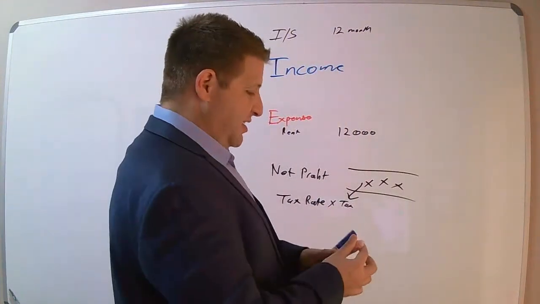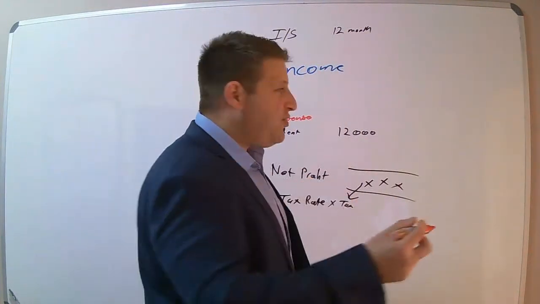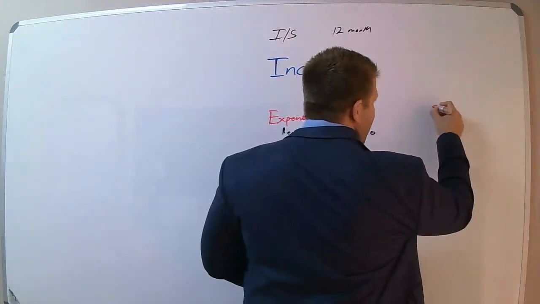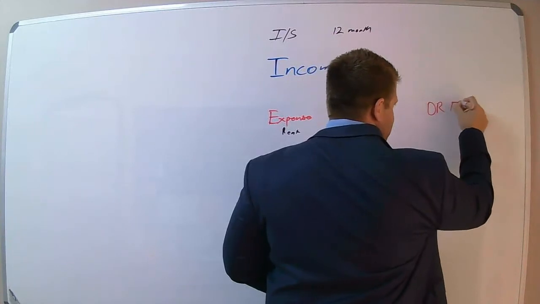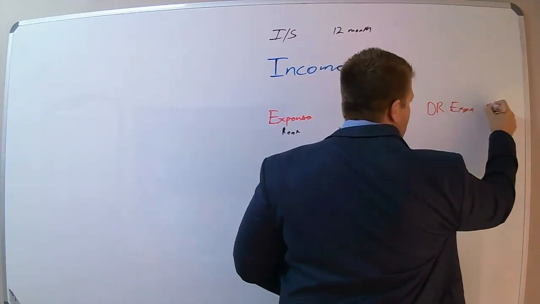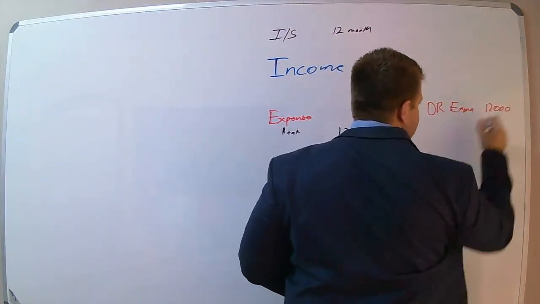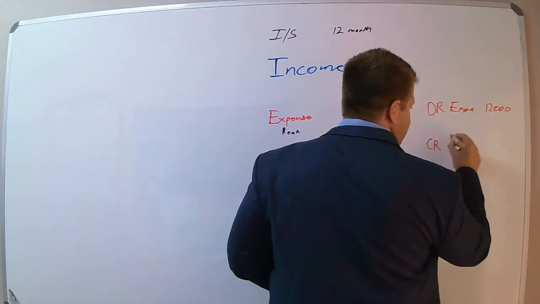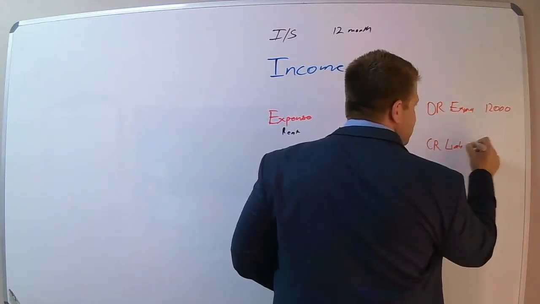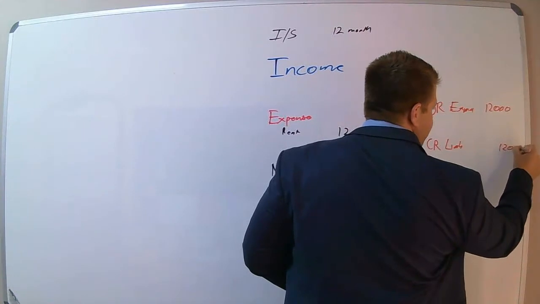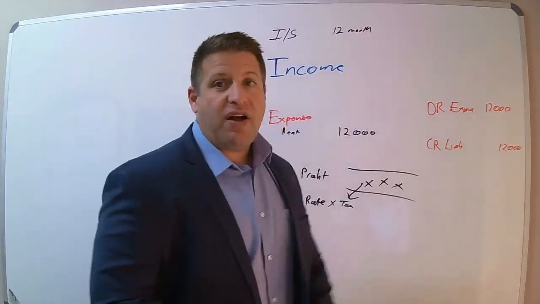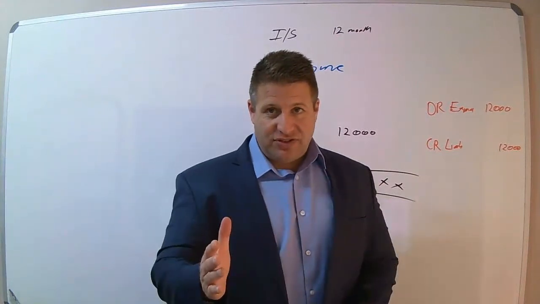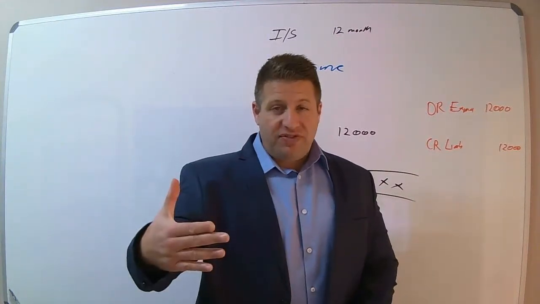You would say, listen, we work with debits and credits. So you would say, I incurred an expense. I debited the expense of 12,000 Rand, and I credited my liabilities with 12,000 Rand. That means I still owe 12,000 Rand. Do you guys get that, right? I still owe 12,000 Rand.